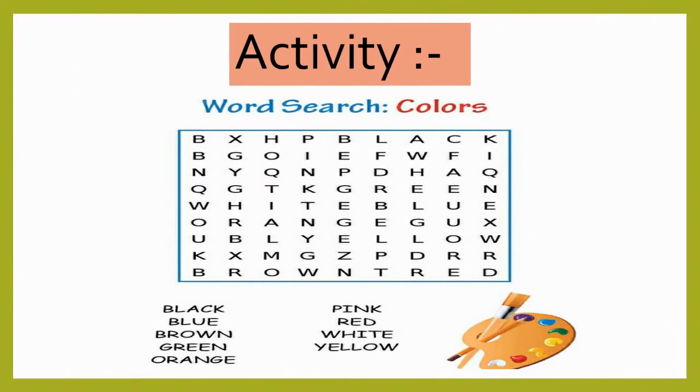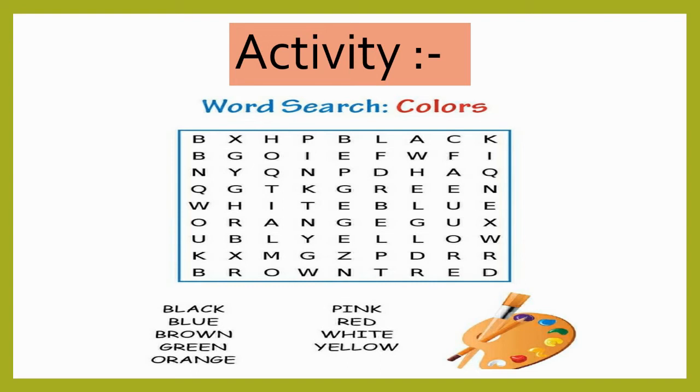The activity for you is word search colors. It means you have to find out the names of colors from these puzzles. The names of colors are given below, such as black, blue, brown, green, orange, pink, red, white and yellow.